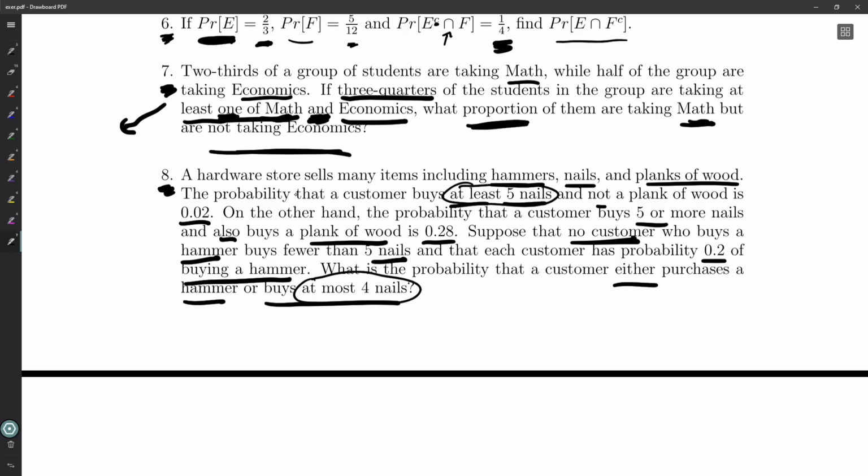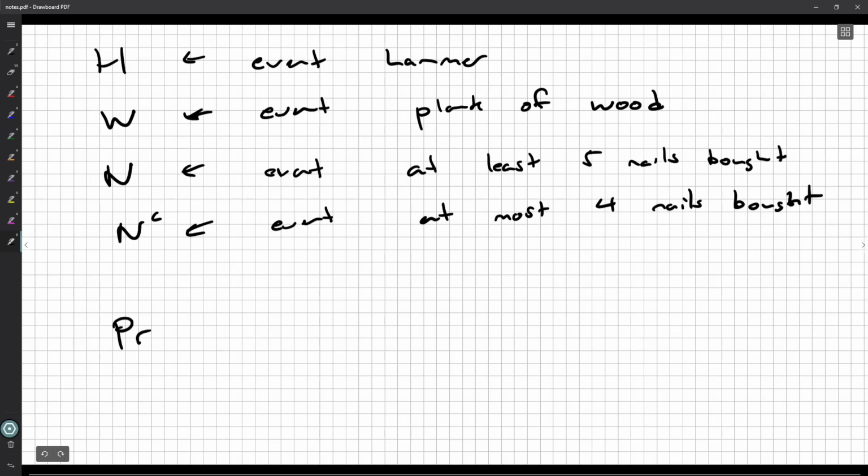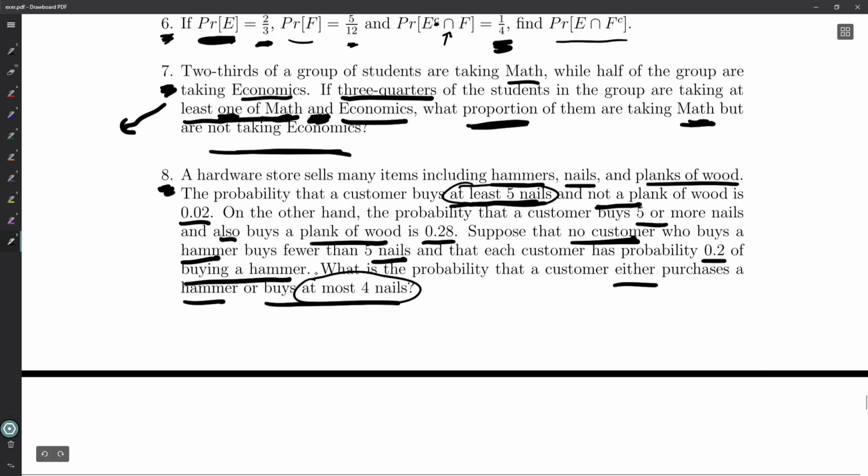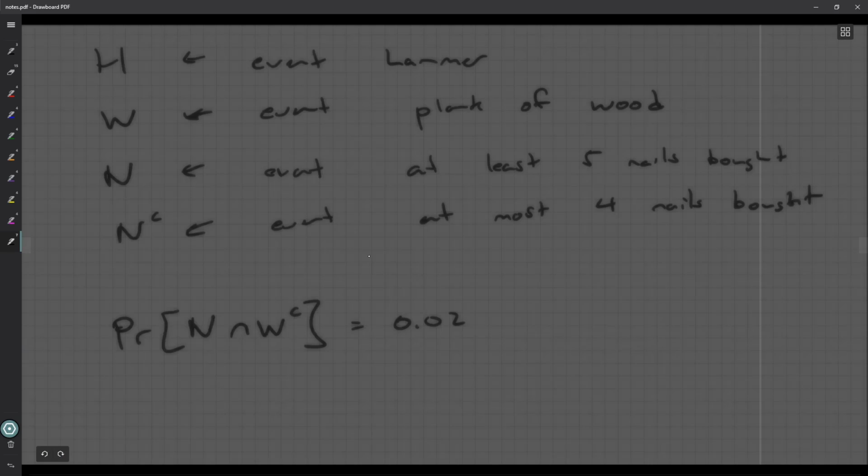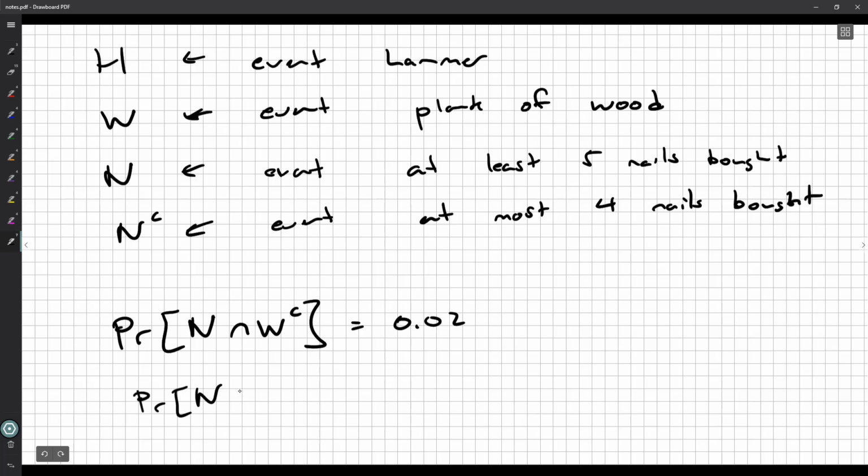The probability the customer buys at least 5 nails and not a plank of wood is 0.02. The probability that the customer buys at least 5 nails, or 5 or more nails, and buys a plank of wood is 0.28. We can translate that.